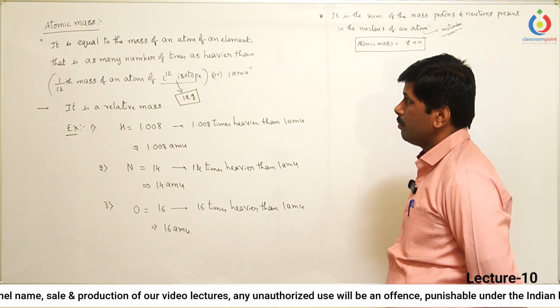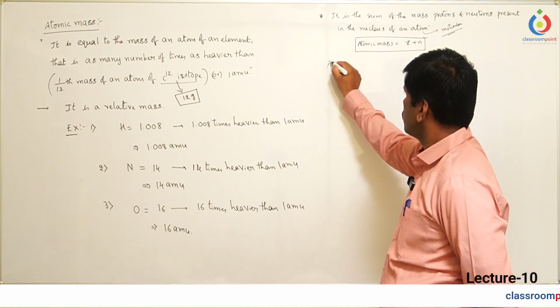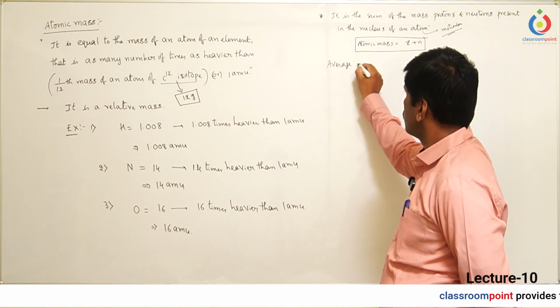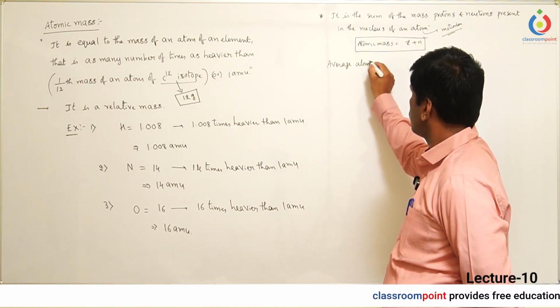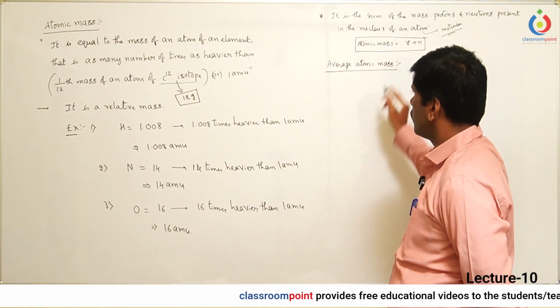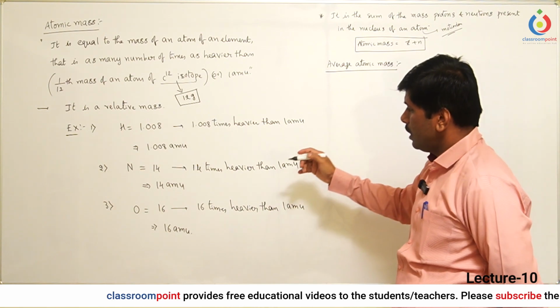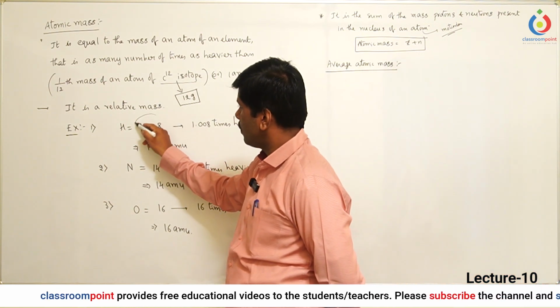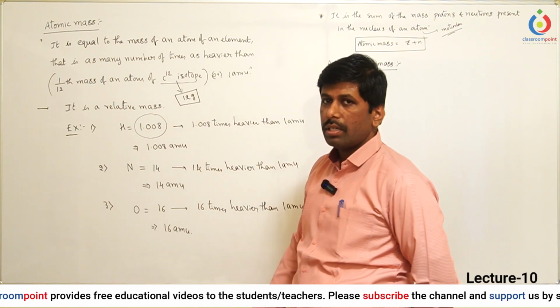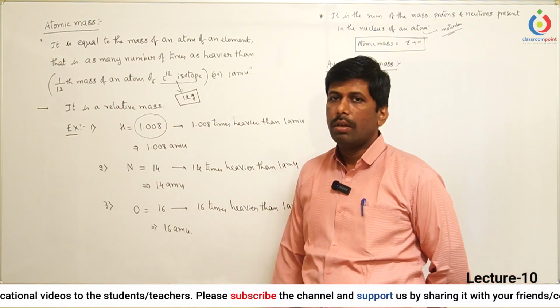So let us see the average atomic mass now. If you see the masses of the atoms, the mass of most of the atoms is not a whole number value, it is almost fractional values.